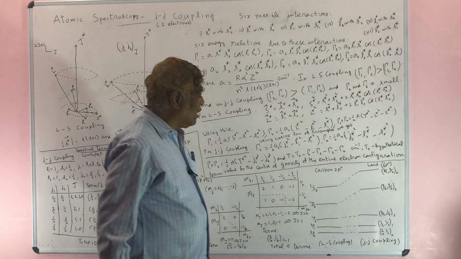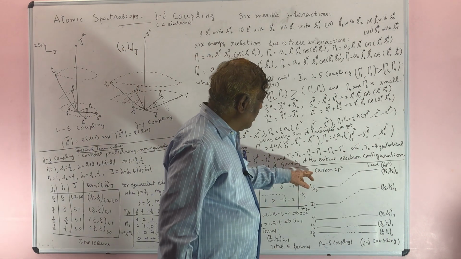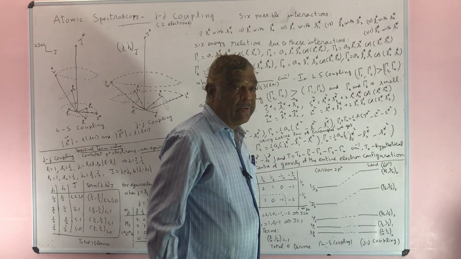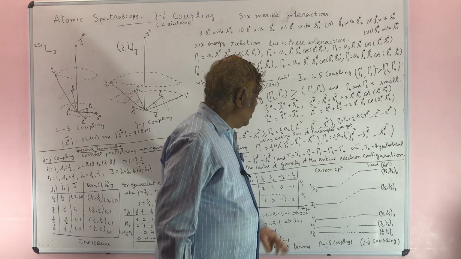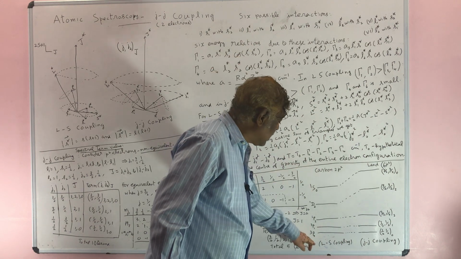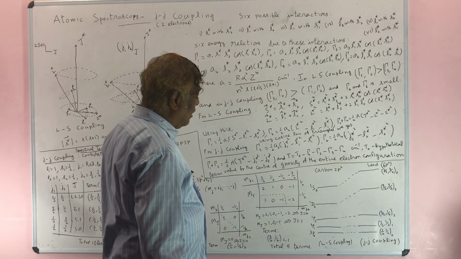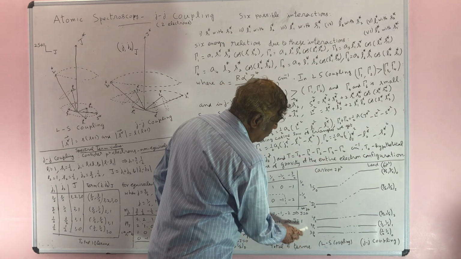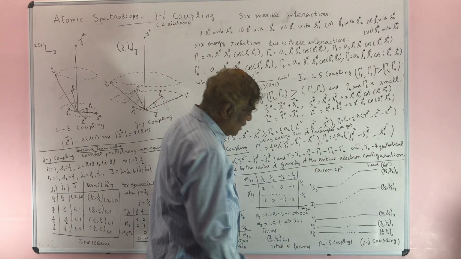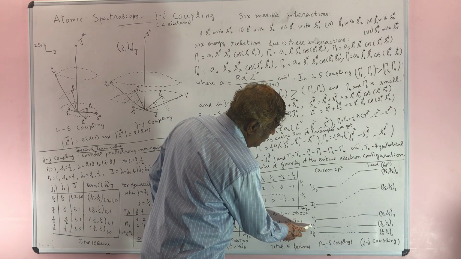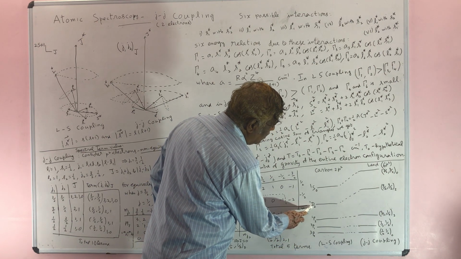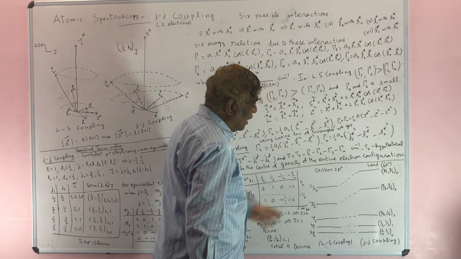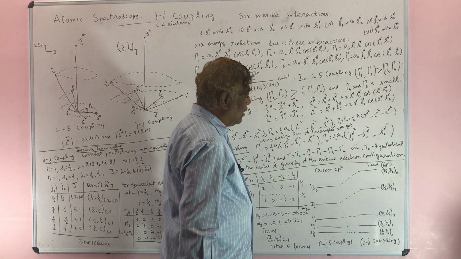If we take a carbon atom, the outermost orbit contains only 2p square, which is an incomplete shell. If you use the LS coupling scheme, since these are equivalent electrons, we found 5 levels: 3P0, 3P1, 3P2, 1D2, 1S0. So there are 5 terms here under the LS coupling scheme.